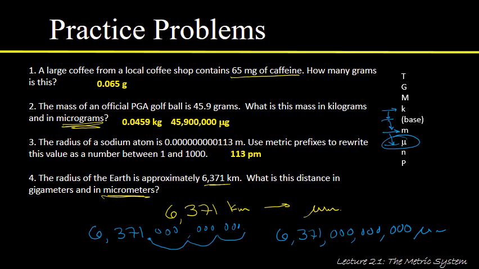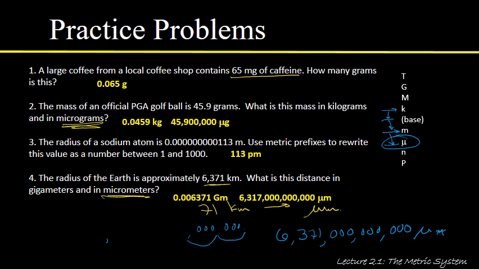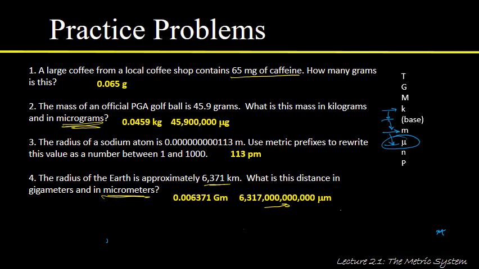Is that 6 trillion? Yeah, 6,371 million micrometers. And if you did the gigameters, you should have gotten 0.006371 gigameters. All right.